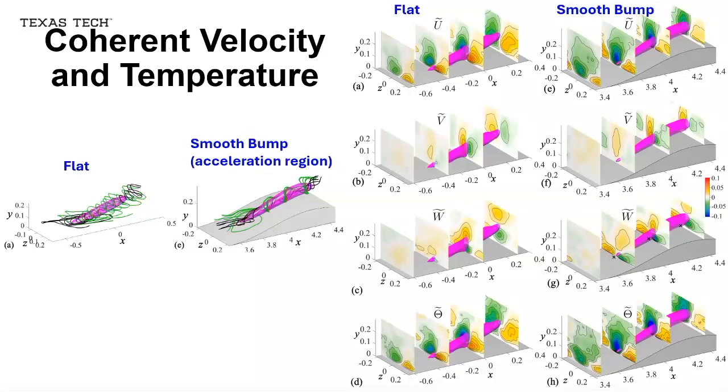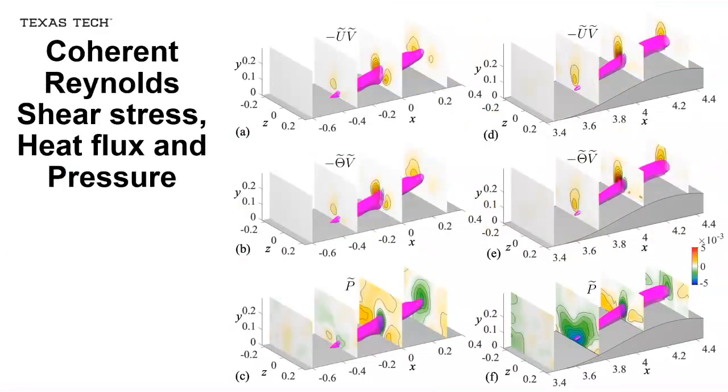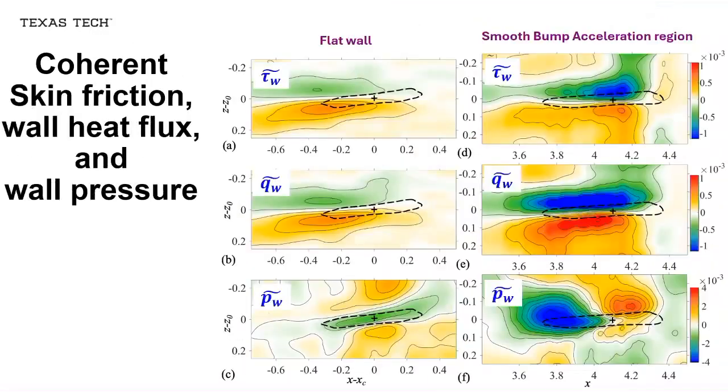So heat flux and momentum flux to the wall in the accelerating part are very similar to each other, but not at the wall. The reason is that in the case of the flat wall, these are the coherent pressure by phase-locked ensemble average, repeating Jimenez's work. There is no pressure gradient on the wall due to the streamwise vortices, but when they are in the region of favorable pressure gradient, they have a strong adverse pressure gradient, counterintuitively, due to the wall curvature.